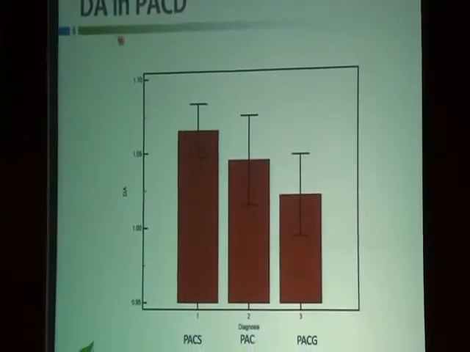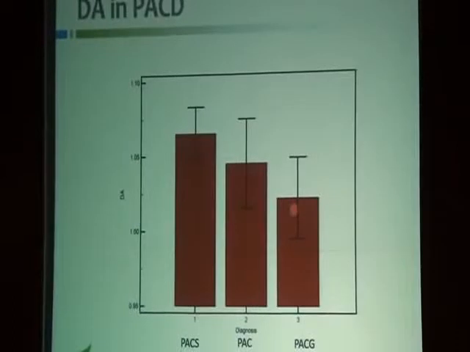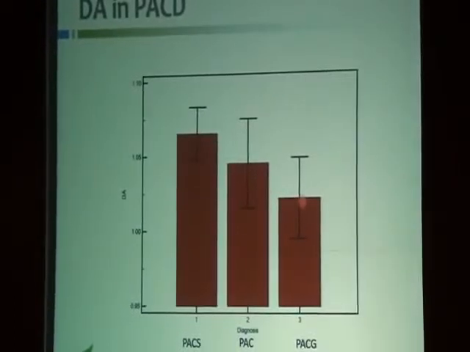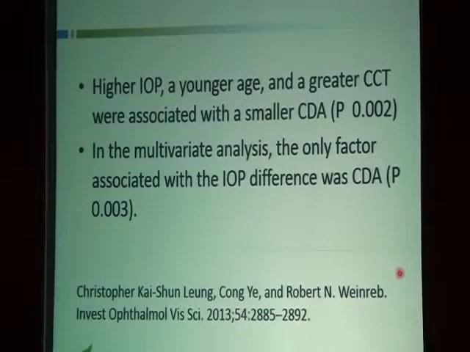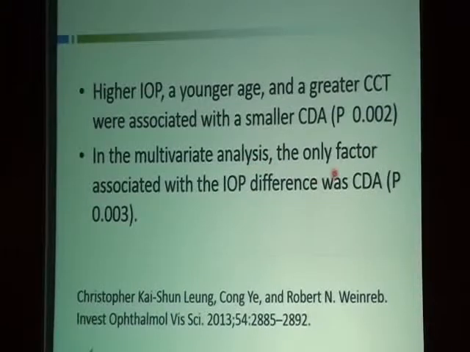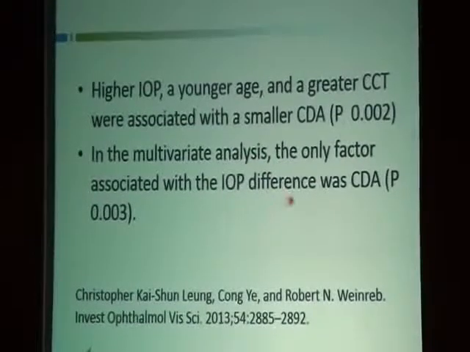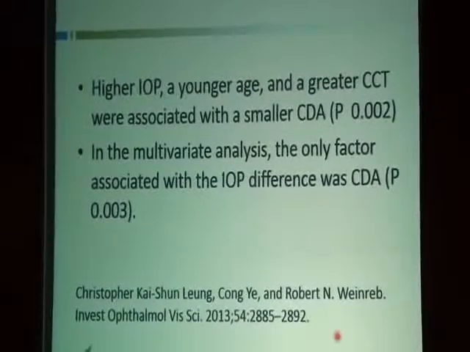This is the deformation amplitude data which we have in our primary angle closure disease patients. As expected, in the PACG group the deformation amplitude is lower. In the multivariate analysis, the only factor associated with the intraocular pressure difference was the corneal deformation amplitude in this study.